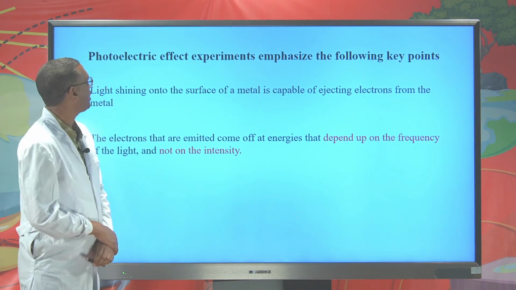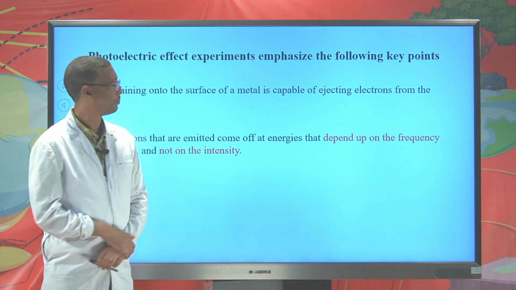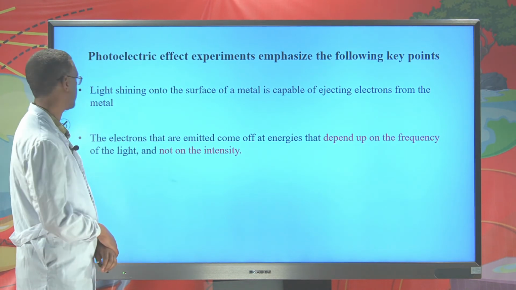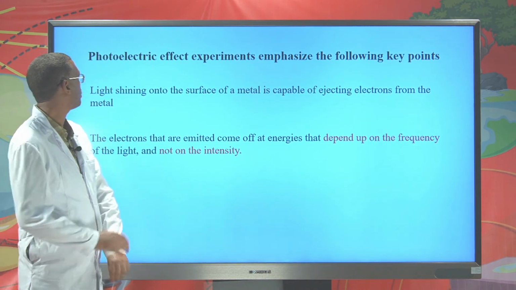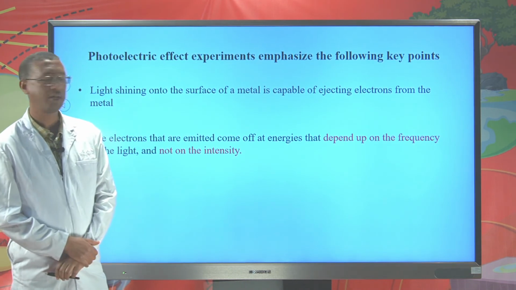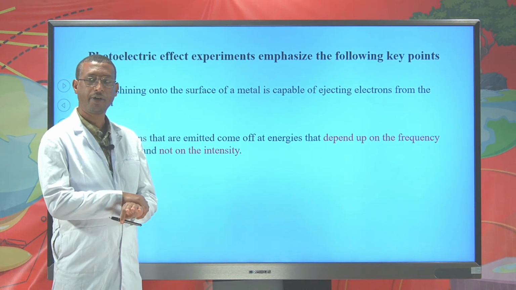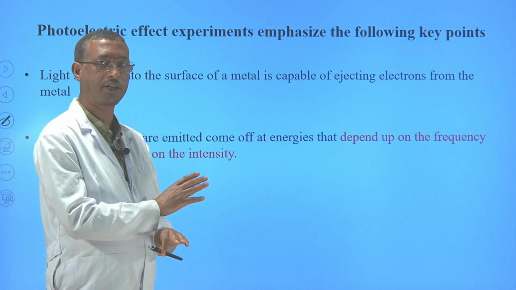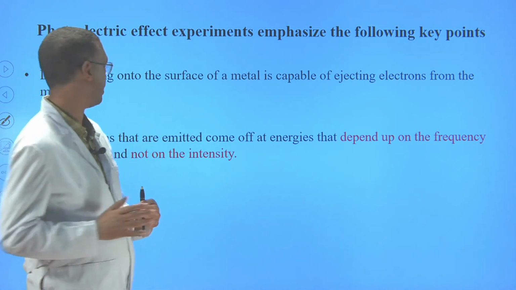So the photoelectric effect experiment emphasizes the following key points. One, light shining onto the surface of a metal is capable of ejecting electrons. Okay? When a light falls on a metal surface, it can eject electrons from that metal.